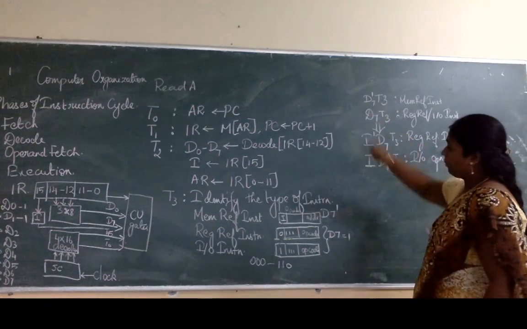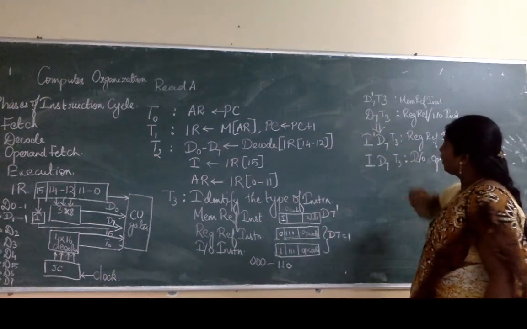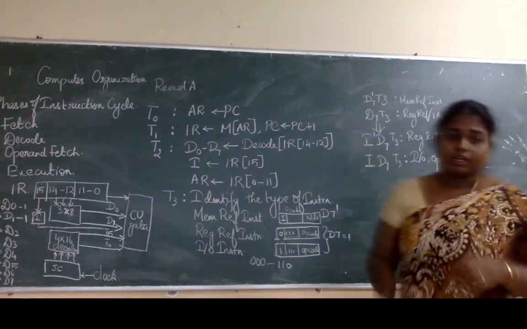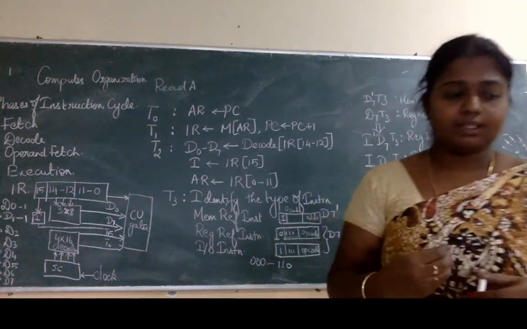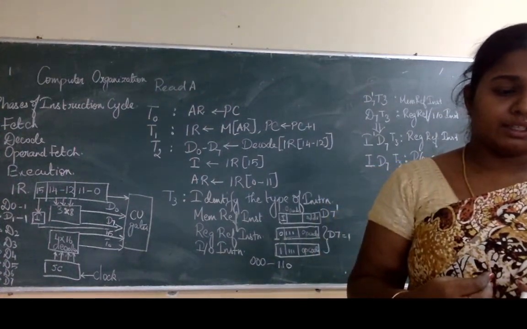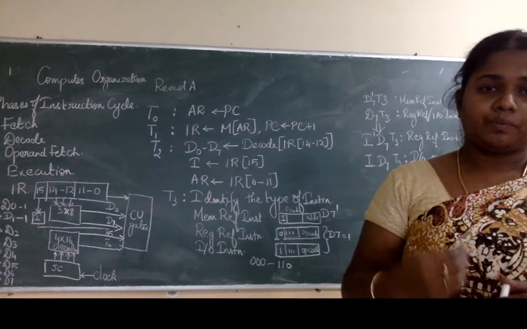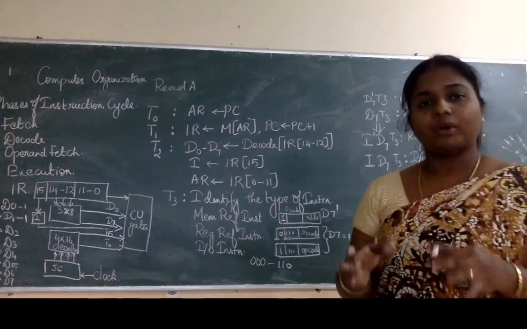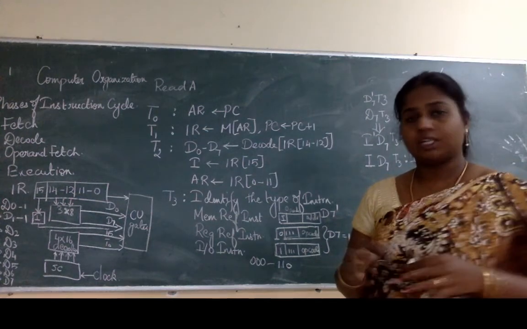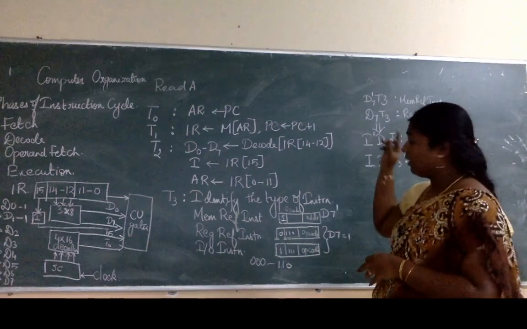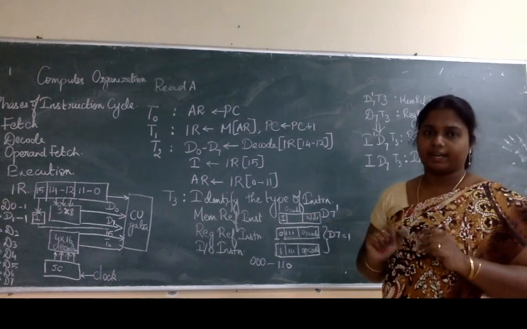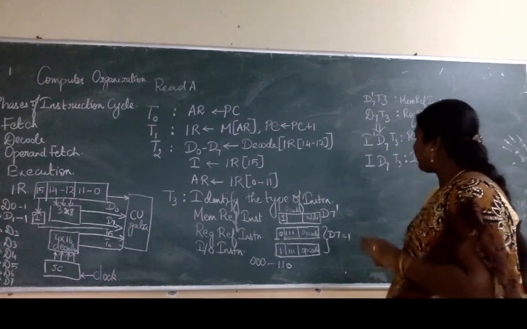So when I look into T3, I understand that at time cycle T3, if I have to do a memory reference instruction, then I should identify whether it is a direct memory access or an indirect memory access. Where do I see the difference?